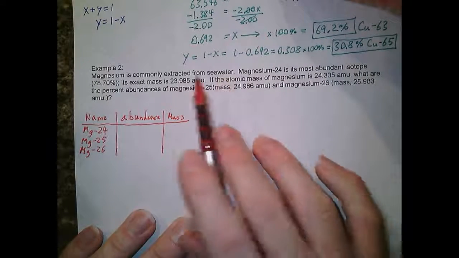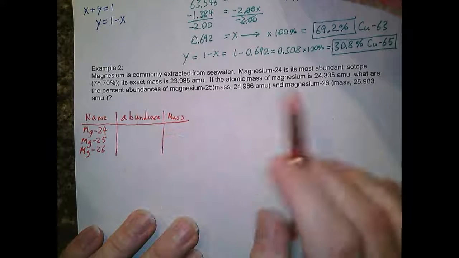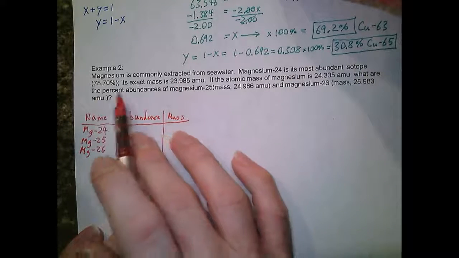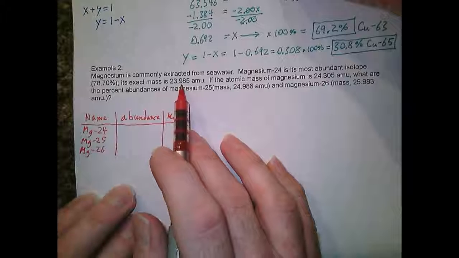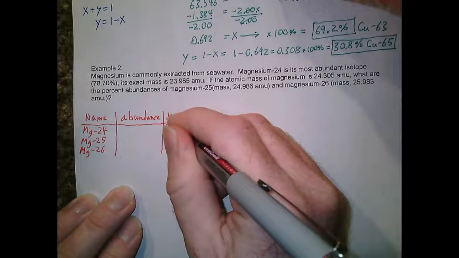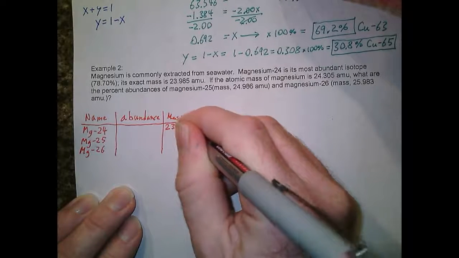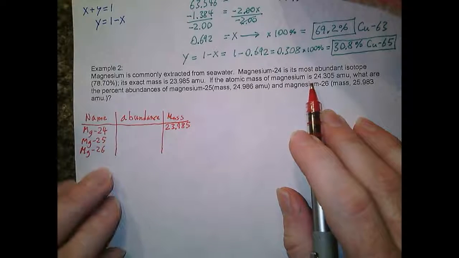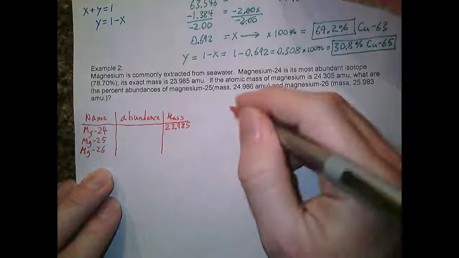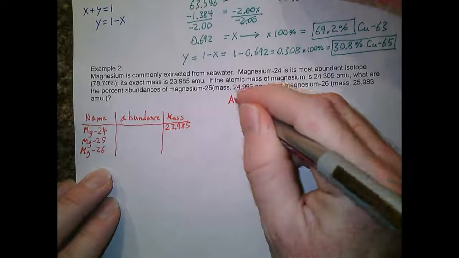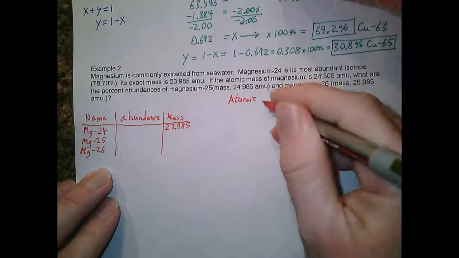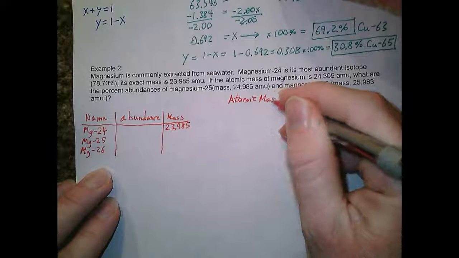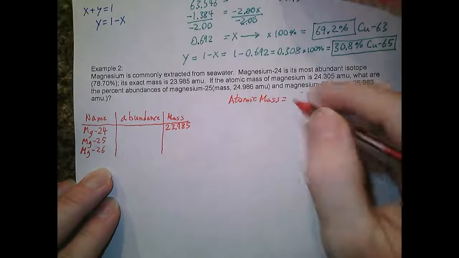The magnesium 24 is the most abundant isotope. It has an exact mass of 23.985. If the atomic mass of magnesium is, okay, so there's atomic mass, let's write that down, 24.305.